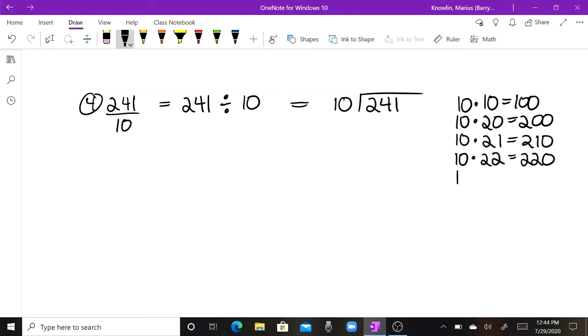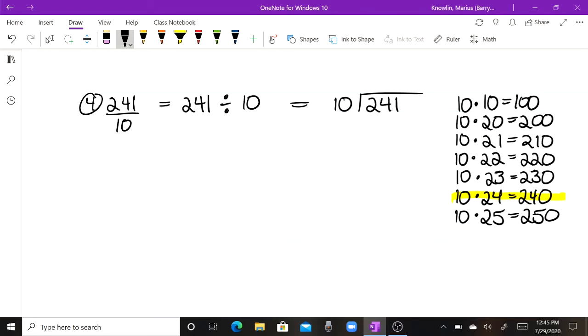If we did 10 times 23, that would make 230. And if we did 10 times 24, that would make 240. So this is going to be as close as we can get, because we know if we do 10 times 25, that's going to make 250, and 250 is too big.